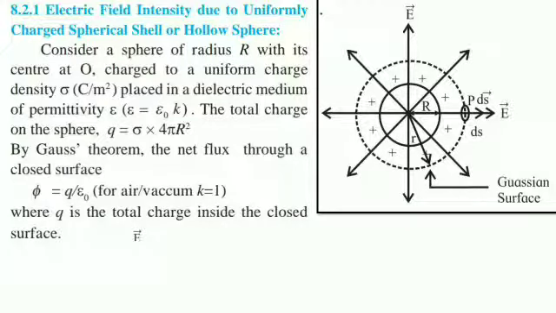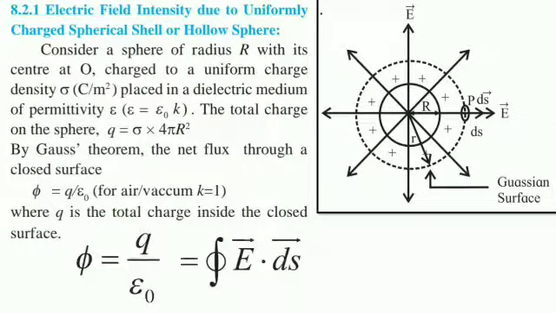So finally, let's remember equation number 1, that is phi is equal to q upon epsilon naught, which is equal to the closed integral of vector E dot vector ds, where vector ds is nothing but area. Fine. Now label this as equation number 1.